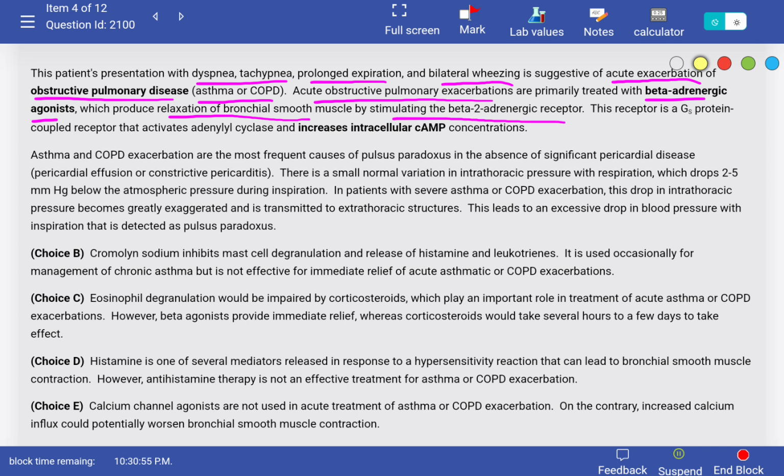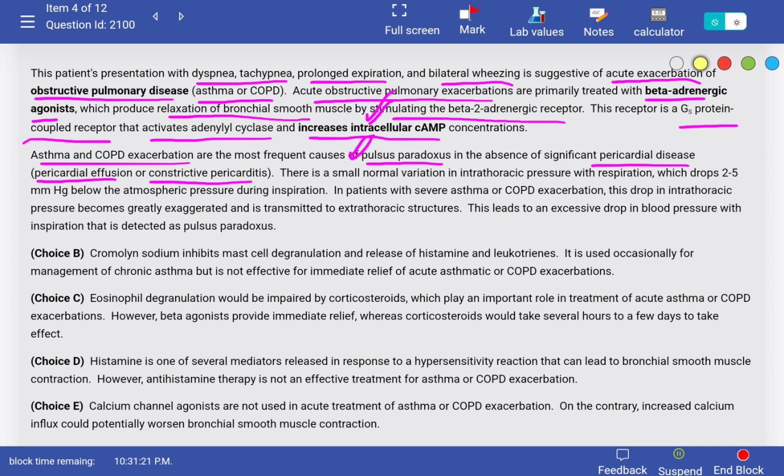This receptor is a G-stimulatory protein coupled receptor that activates adenylyl cyclase, which increases intracellular cyclic AMP concentration. Asthma and COPD exacerbations are the most frequent causes of pulsus paradoxus in the absence of significant pericardial disease, for example, pericardial effusion or constrictive pericarditis.